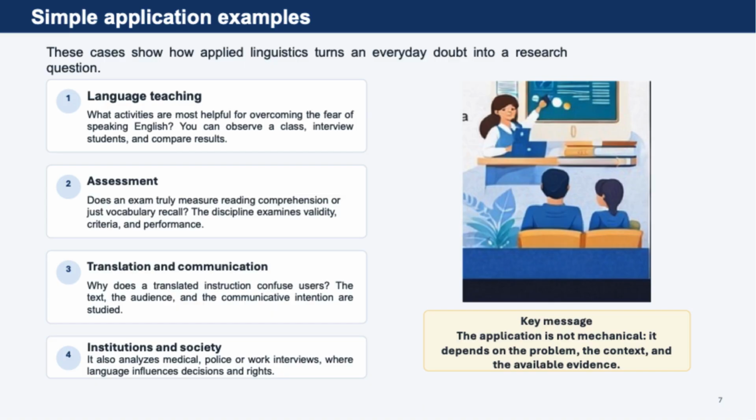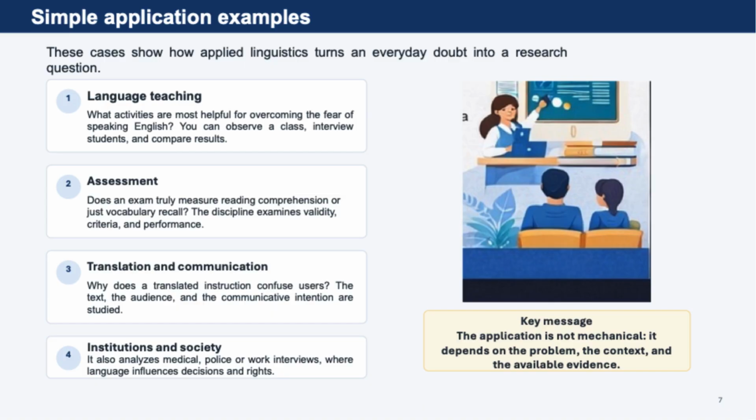Assessment: does a test really measure reading comprehension or just memorization? The discipline investigates validity and criteria in language assessment. In translation and communication: why do translated instructions confuse users?